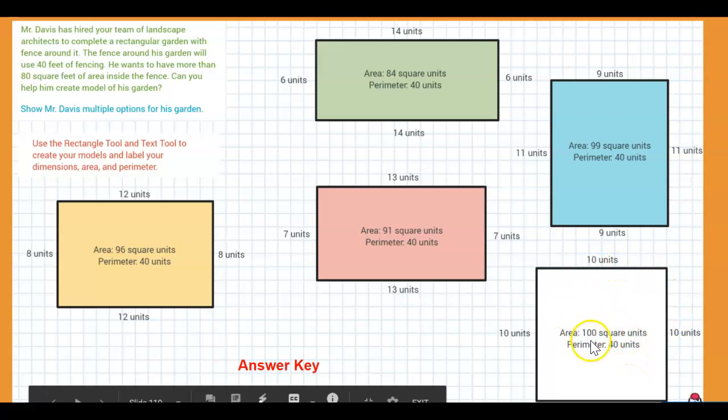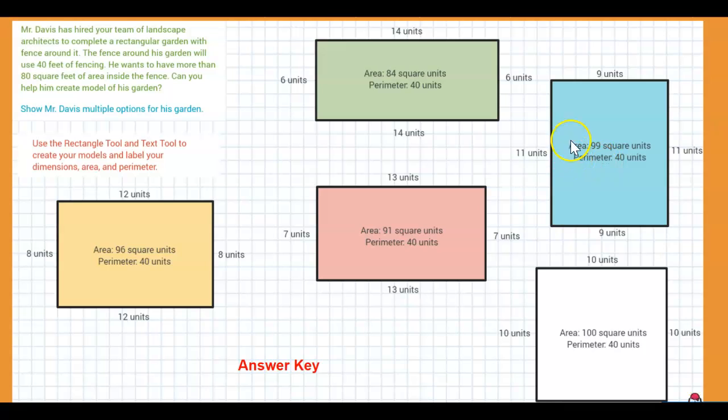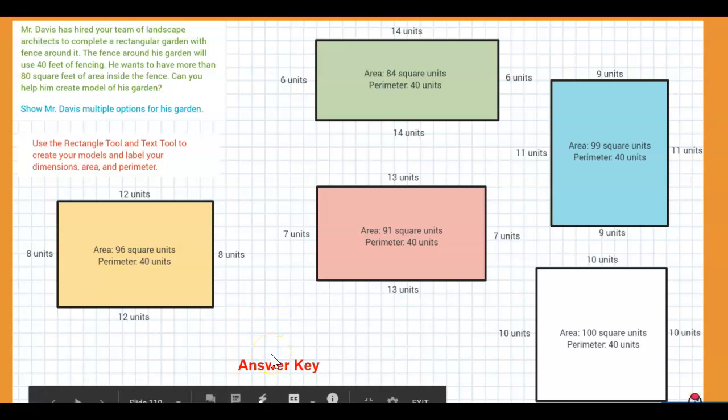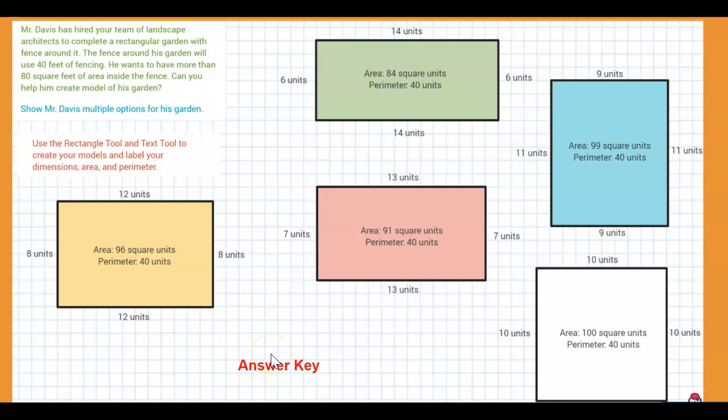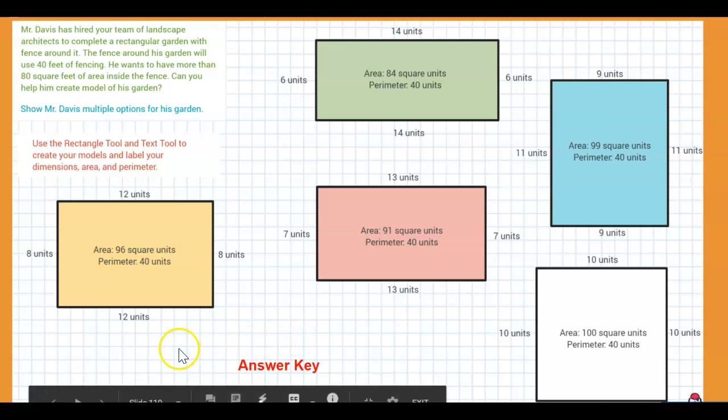Another one over here is 11 by 9. Here you have a 6 by 14, 7 by 13, and an 8 by 12. I want you to take a really good look at this, and you can go back and make any corrections to yours if you need to.